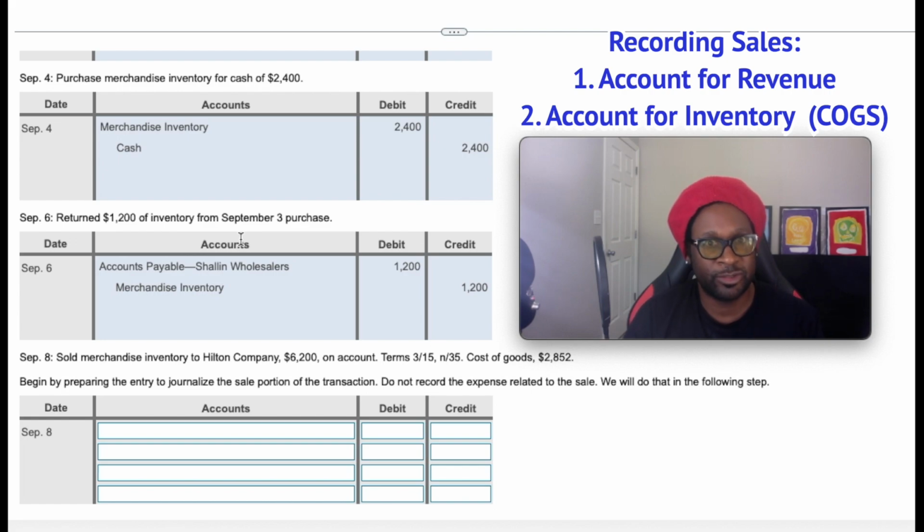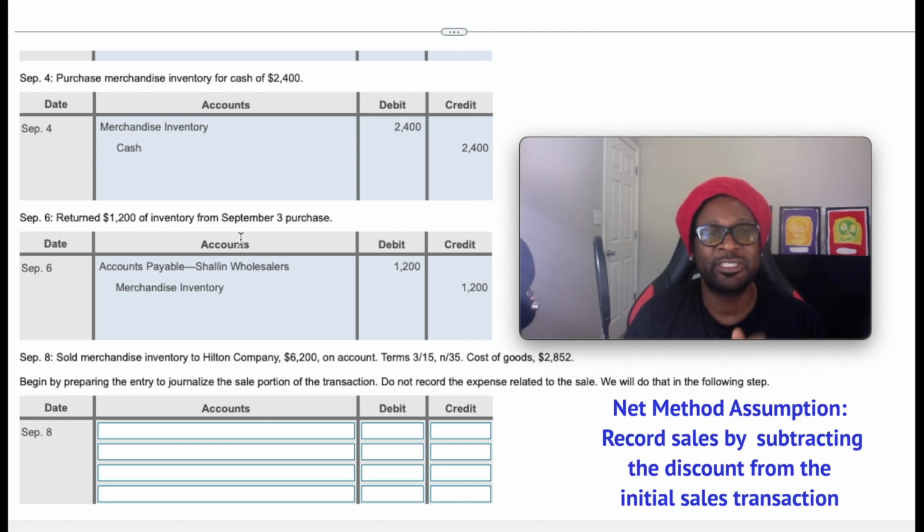We also, since we're on the selling side, must consider the fact that we are going to assume that the customer is going to take advantage of the discount, meaning that we are going to record this initial sales revenue at the net discounted amount, thus taking the $6,200 and subtracting 3% from it.